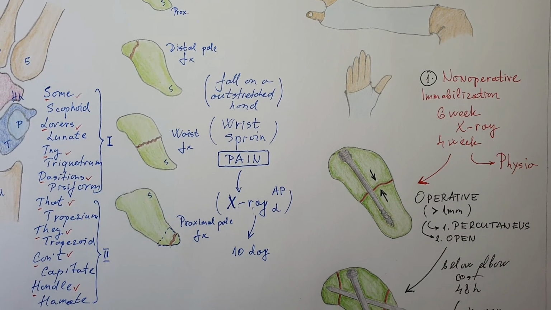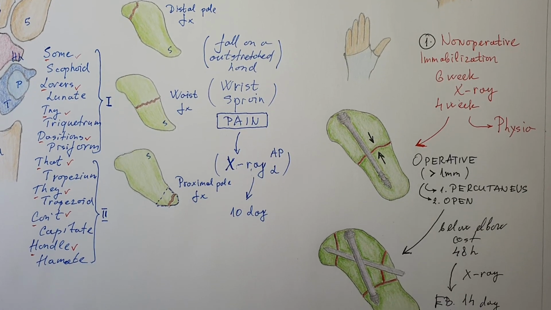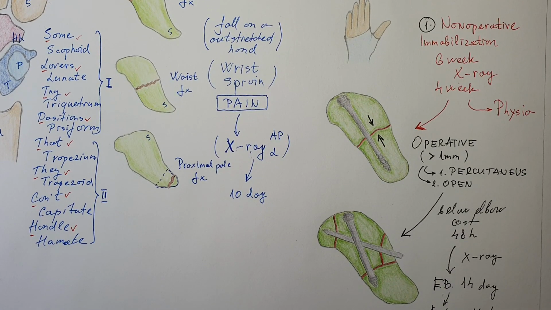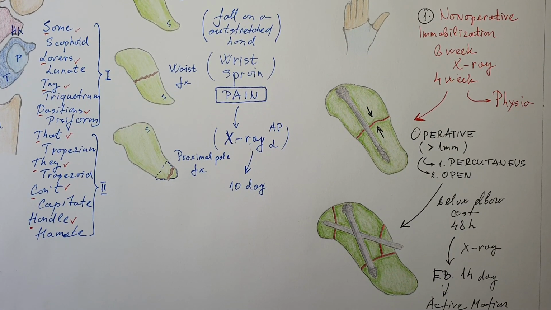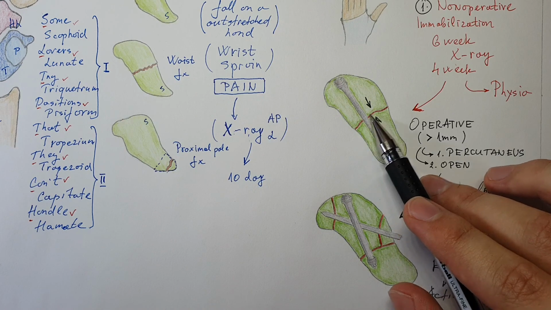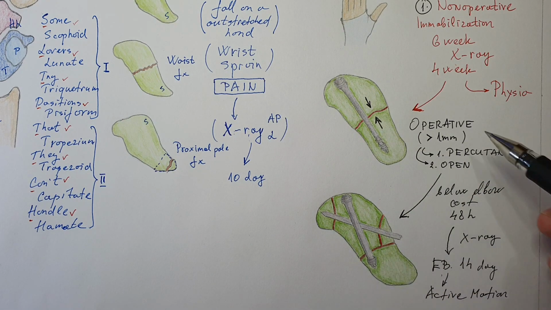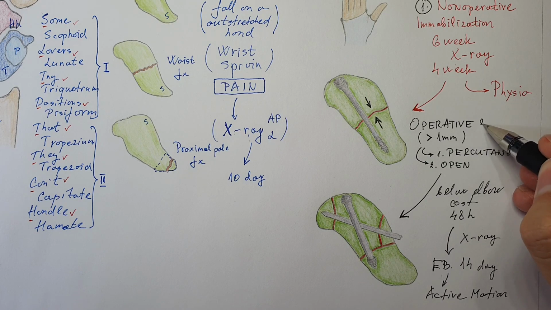But if there is displacement, especially in young patients, and especially in, for example, elite athletes, and if the fracture is complicated, an operation is considered.